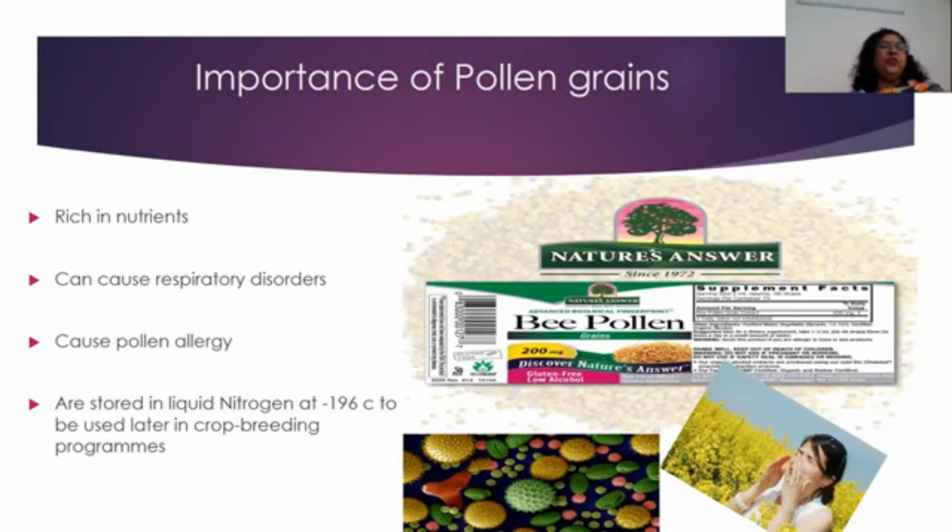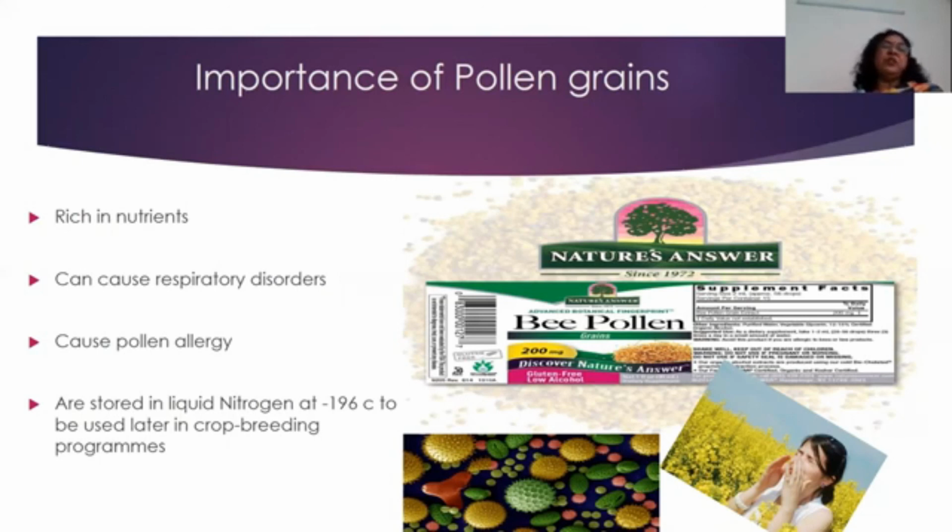If we talk about pollen viability, after shedding, pollen grains have to land on the stigma before they lose their viability, if they really want to bring about fertilization. The period for which the pollen remains fertile is known as its viability.